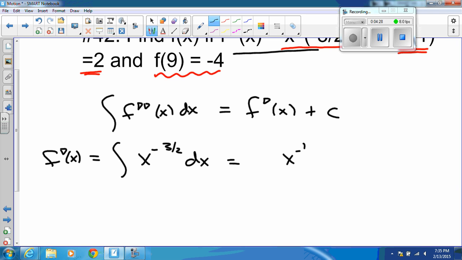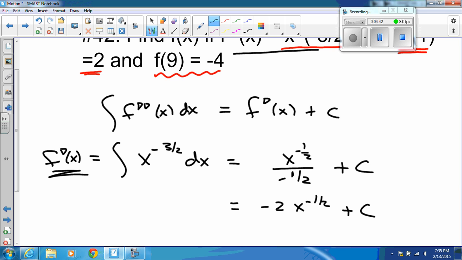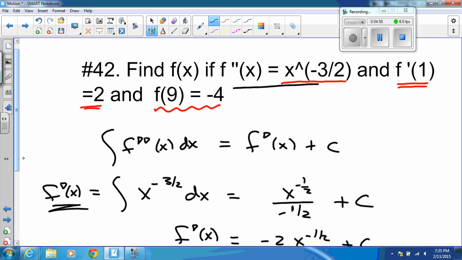Let's see here. Add 1 to the power, getting x to the minus 1 half, and divide by the new power. Clean it all up and get negative 2x to the minus 1 half plus c. And this is f prime, or the antiderivative of f double prime.